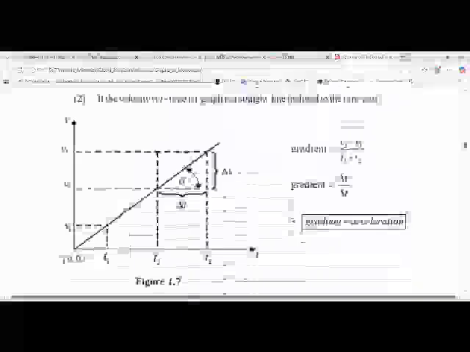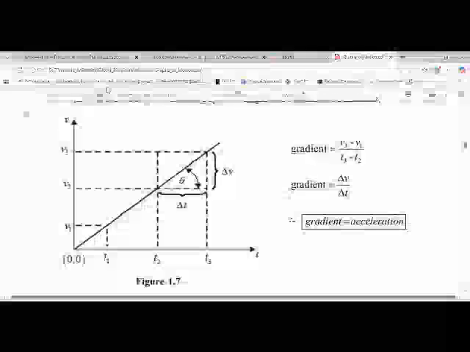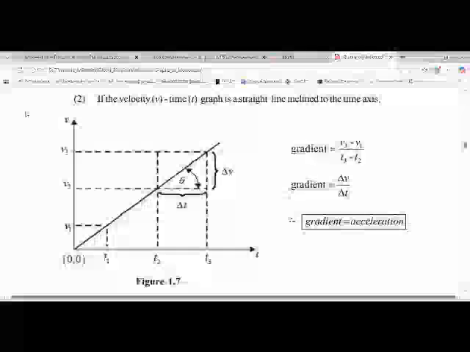Then here we can consider the gradient of this graph. Like the previous case, in a displacement time graph, its gradient represents velocity. Rate of change of displacement equals velocity. In this case, the velocity time graph's gradient represents the rate of change of velocity.